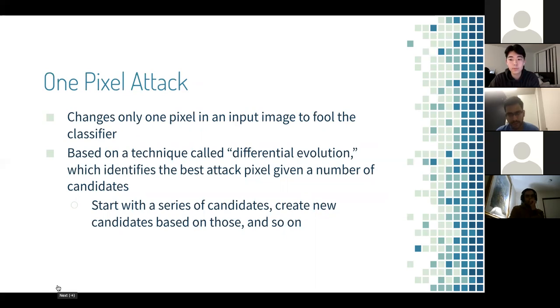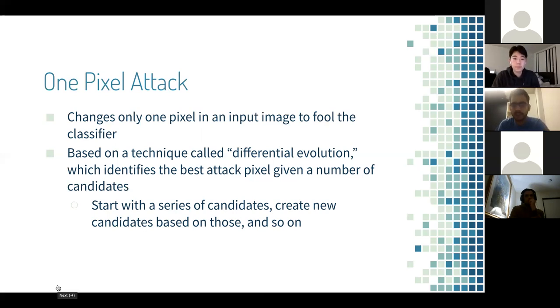So this is a case where your machine learning models are way too sensitive. This is why it's important, when you're training your machine learning model, to make sure that it's resistant to all sorts of adversarial attacks. This is based on a technique called differential evolution.